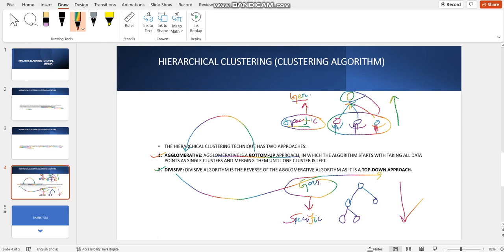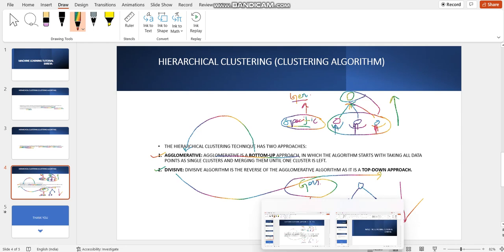This way you can remember which approach bottom up belongs to, agglomerative or divisive: B comes after A, so that's why it will be in agglomerative. There may be other approaches, but here we only discuss two approaches. So the left one, the top down approach, is for divisive.